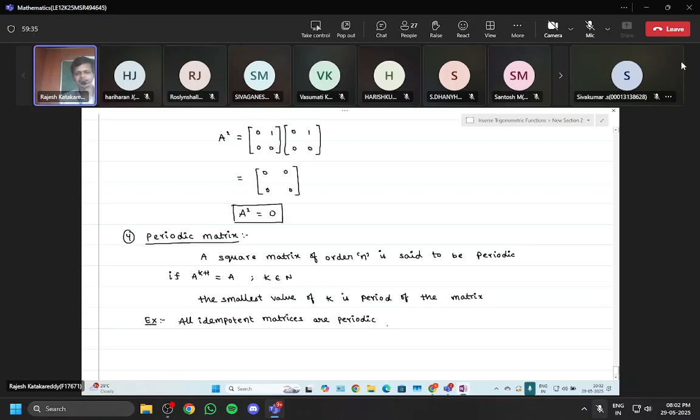So if I say all involutory matrices are periodic matrices, you guys will agree with me? All involutory matrices are periodic matrices. You guys agree with me? True. Write that one as well.